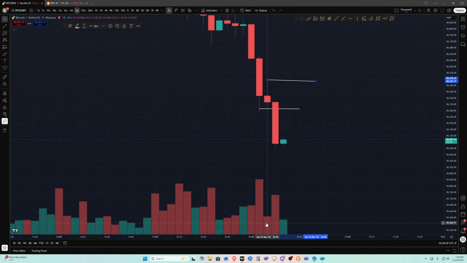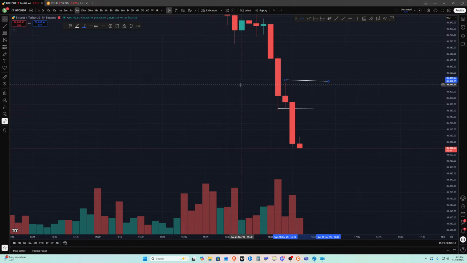You can see down here at the bottom of the screen, 16:10. So at 4:10, 10 minutes ago, it opened at 4:10 right here at 86,376, ran up, ran down, came back up, and closed here 5 minutes later. So yeah, there's your high, low, open, close. That's how you read candles.